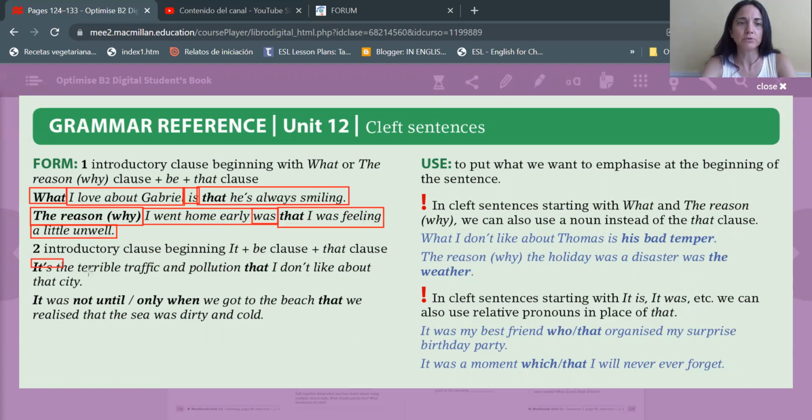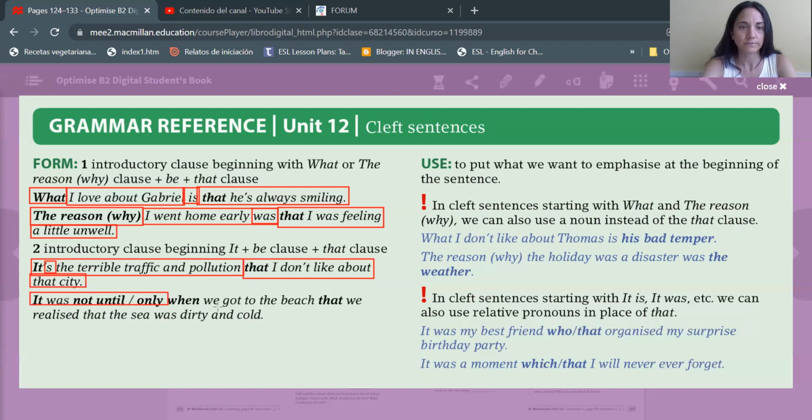It is the terrible traffic and pollution, here it's the introductory clause with it, and here the verb to be is, and the clause, and then the that clause, that I don't like that city. And the other example that we have is, it was not until, or it was only when we got to the beach that we realized that the sea was dirty and cold.